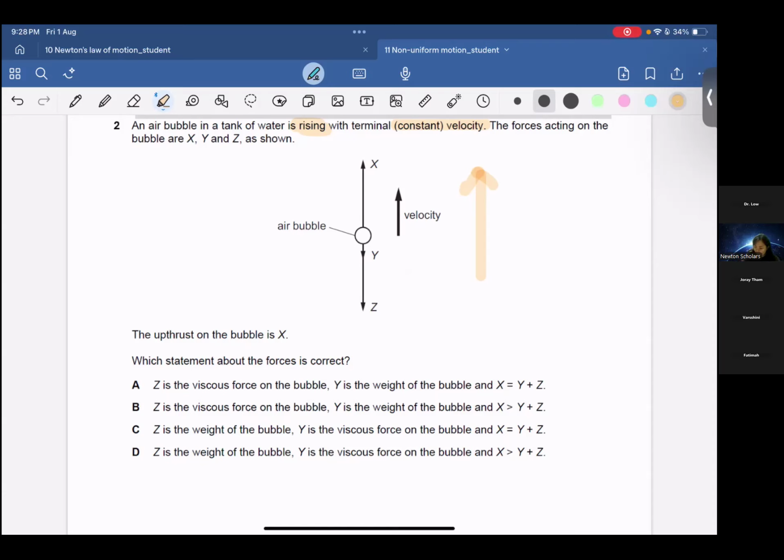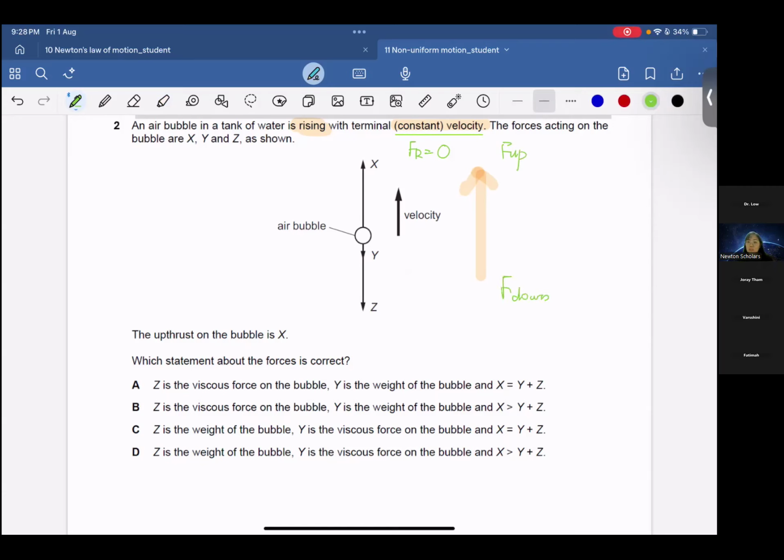So here, constant velocity, boys and girls, means the resultant force equals 0. Upward force equals the downward force. Prasan, no. Constant velocity, you highlight constant velocity.